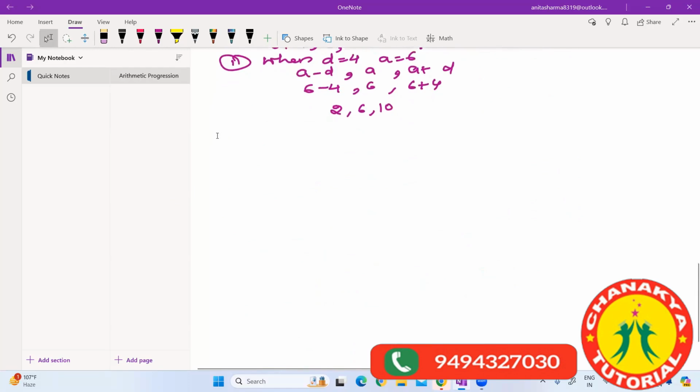Now the next question. Now you people will start doing it. Question number 2, again from NCERT exemplar only.